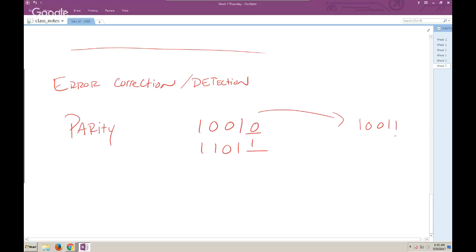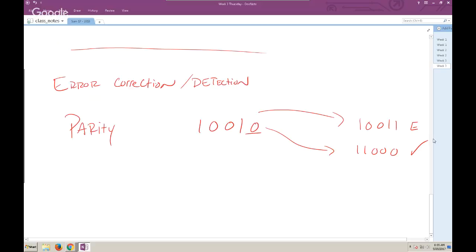All the time. What if, though, hypothetically speaking, I transmitted and the computer received this? It wouldn't detect anything going on. But was the value correct?